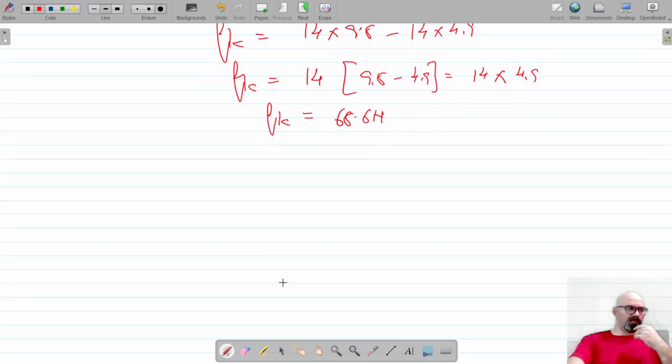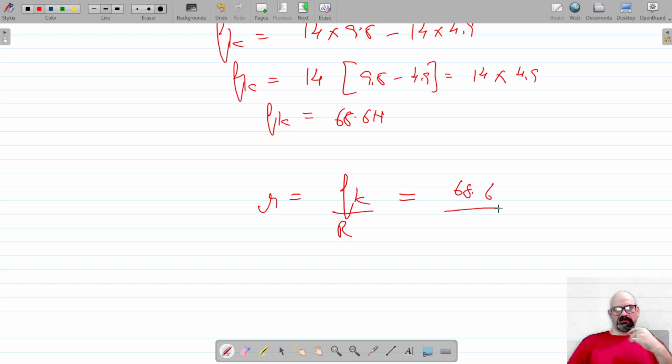Now the next thing to find out is the coefficient of friction. We know the coefficient of friction is the maximum force of friction divided by the normal reaction. The force of friction is 68.6. R is balanced by the component mg cos theta.